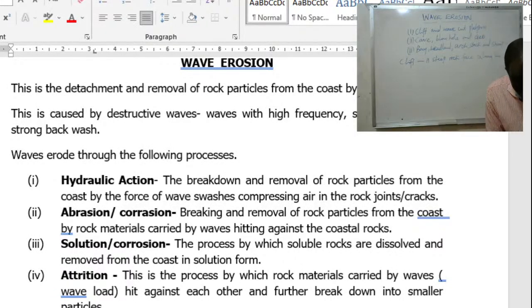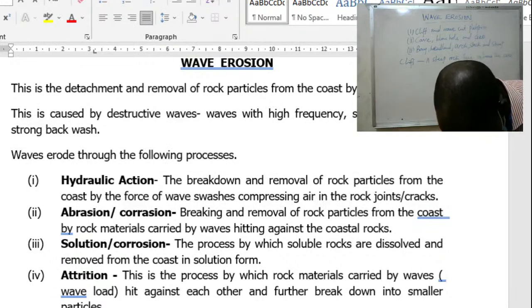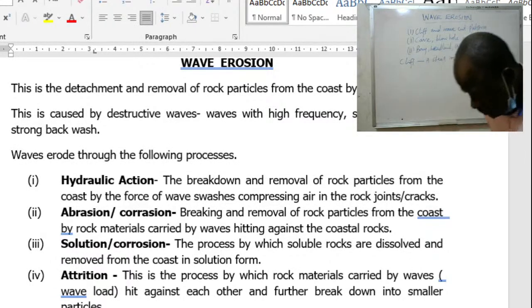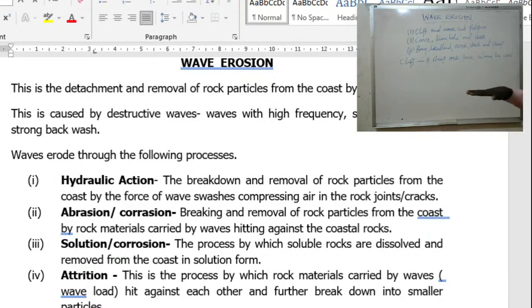So on the sides of the river, the lake or the sea, you find a steep rock surface. That steep or vertical rock surface is what we are simply calling the cliff, and it lies above the water level. So we always use the word it overlooks the water surface, because it is above the water level.